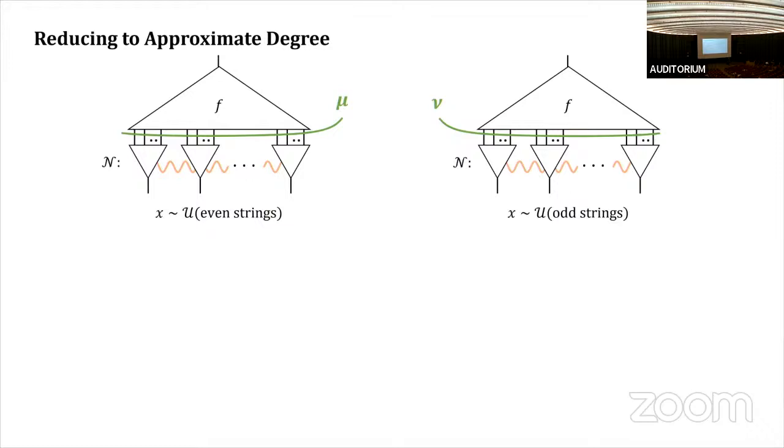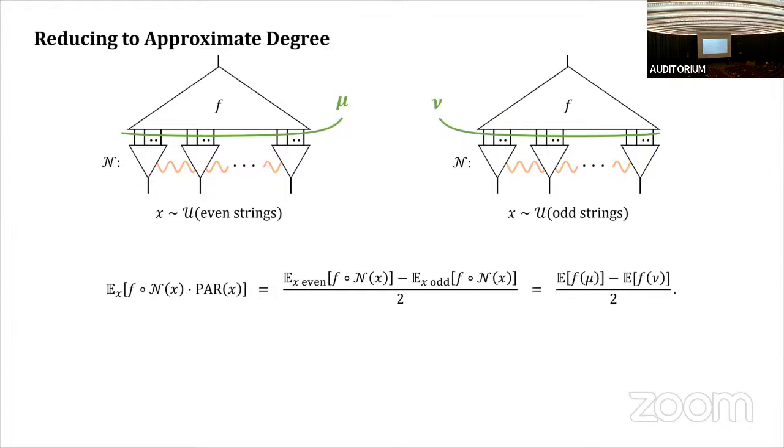Another way to say that is: consider the push forward of the uniform distribution over even strings and the uniform distribution over odd strings through this no signaling channel. Then the correlation of this model with parity is just the difference of the expected value of f on these two push forwards.